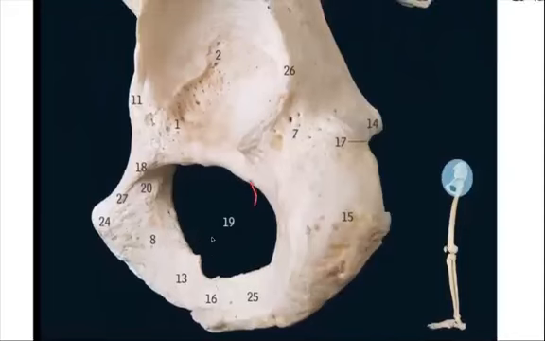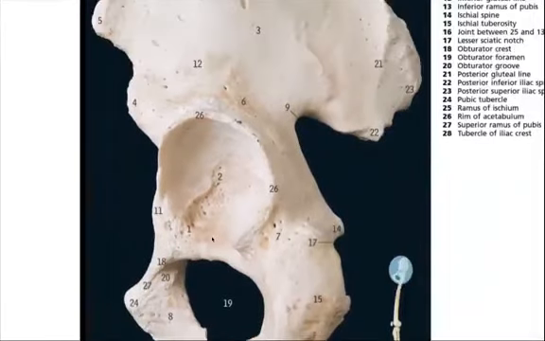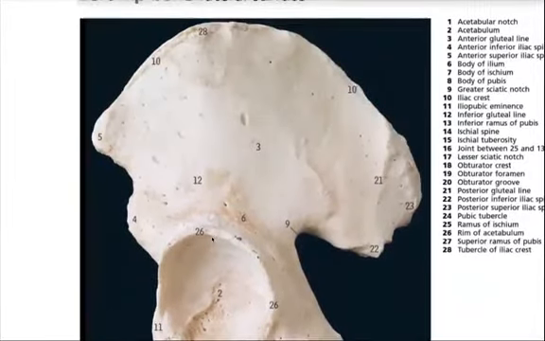And if you can think like this, number 19 is the obturator foramen. Fantastic. From this bone, you don't have to know all the other identifying points, but you can think like this: there is a border.